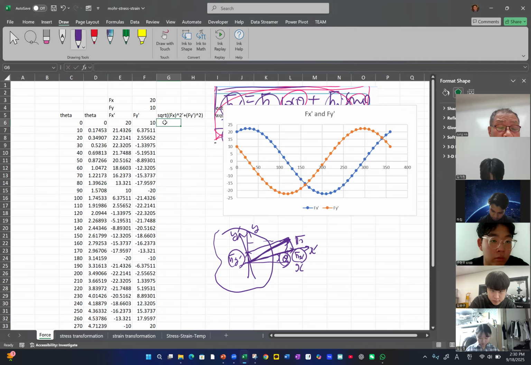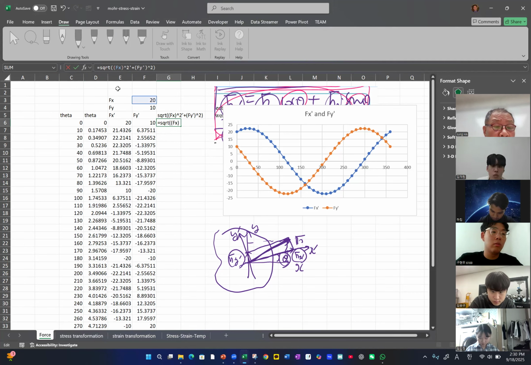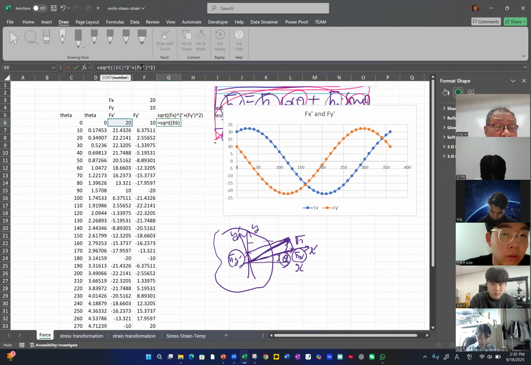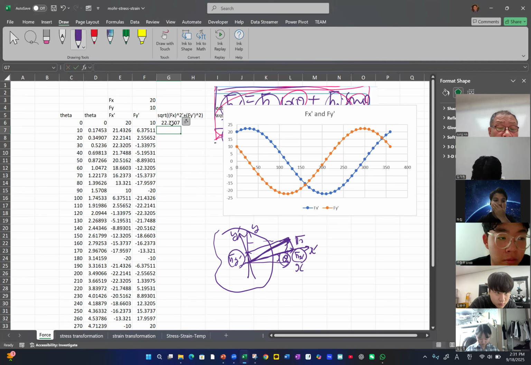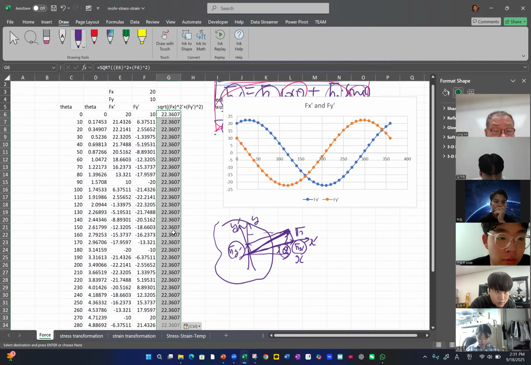Now, again, like this, equal. We probably didn't define this term, so I just click this one and then click. Instead of using the name, we can directly define the cell like this. So this magnitude is like that, and we can simply copy and paste.